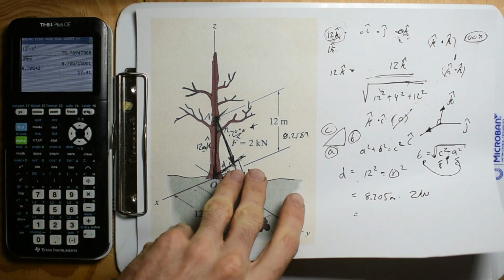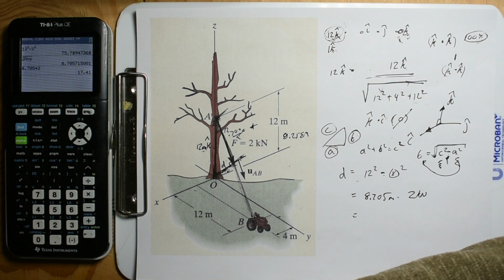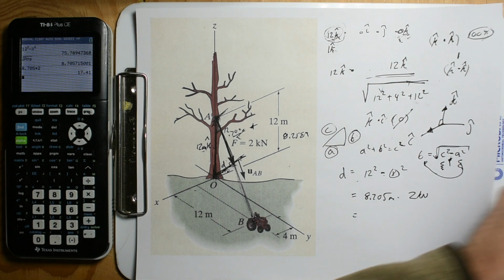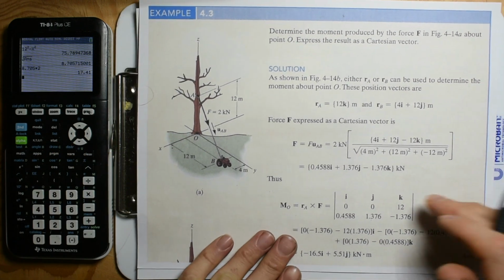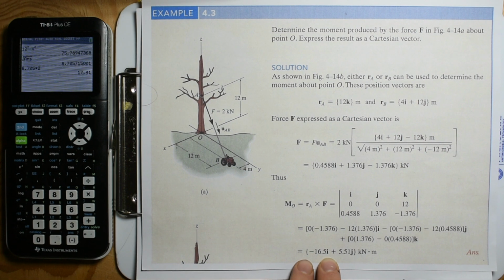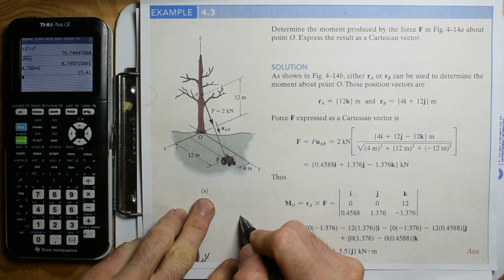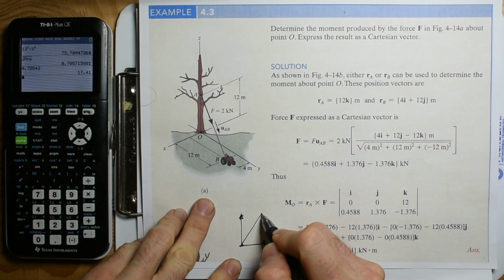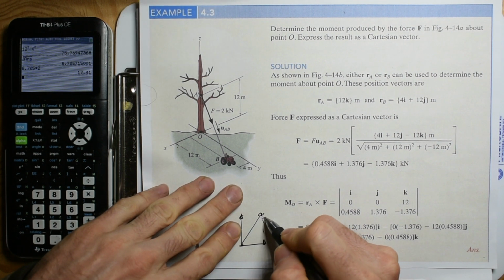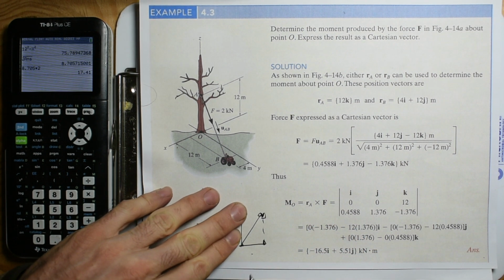Now for this problem, they were using Cartesian coordinates anyway, so they use the cross product and they get down to here. If you have anything with this direction and that direction, what's the magnitude? Same thing, it's Pythagorean's theorem.